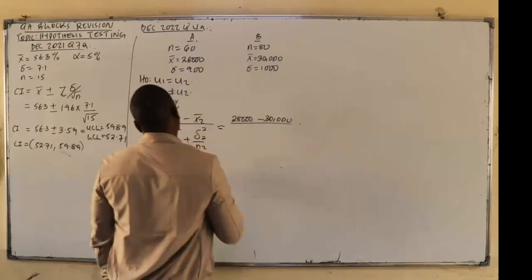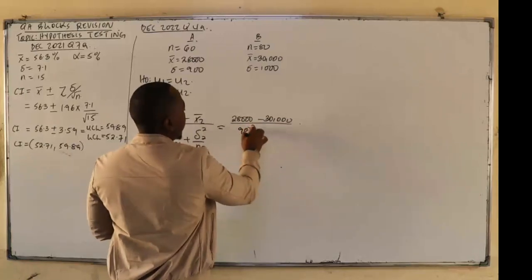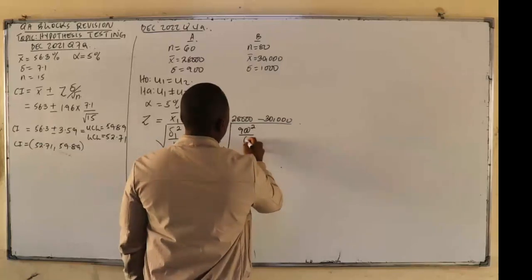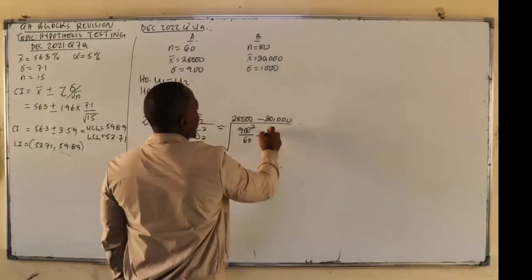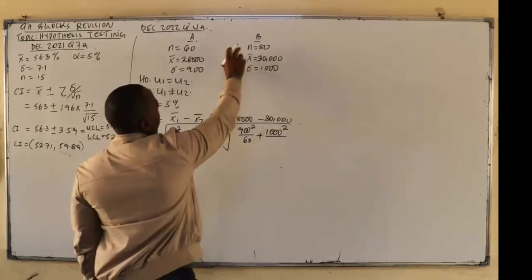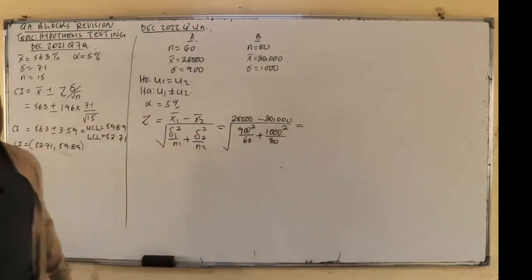You divide by the square root of standard deviation of 1 squared, so it's 900 squared to get the variance, over N1, which was 60, plus standard deviation of 2, which is 1,000, squared to get the variance, over N2, which is 80.